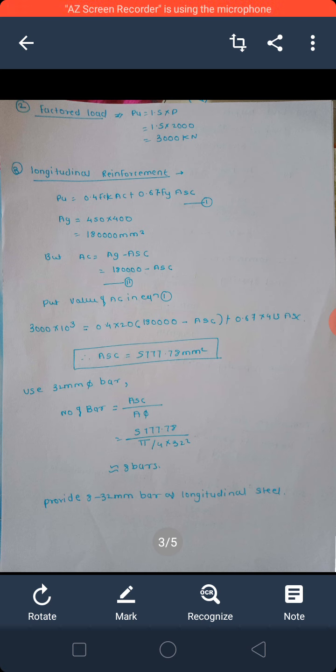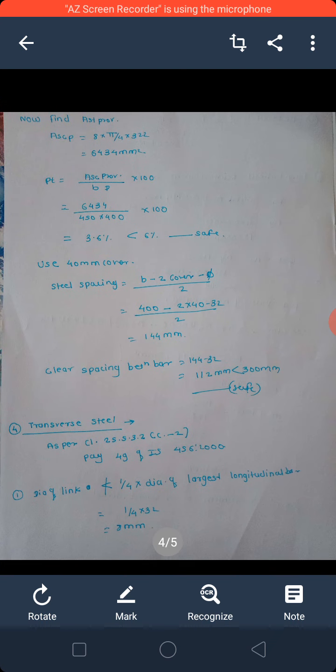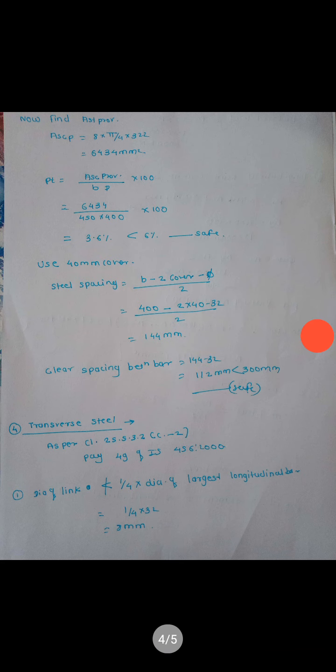With the help of this, we find the value of pt, which is 3.6%, which is less than 6% for longitudinal reinforcement, hence safe. In the next step, we have to find the spacing of steel, which is given by B minus 2 times cover minus phi, divided by 2.